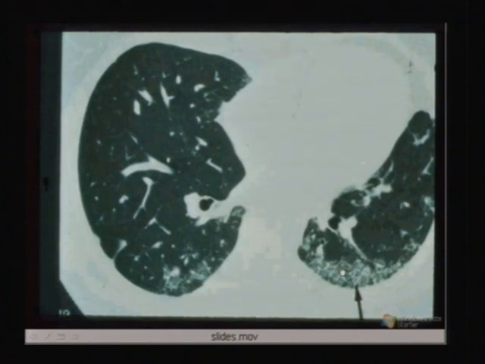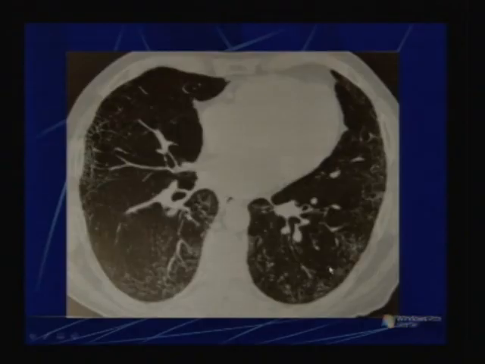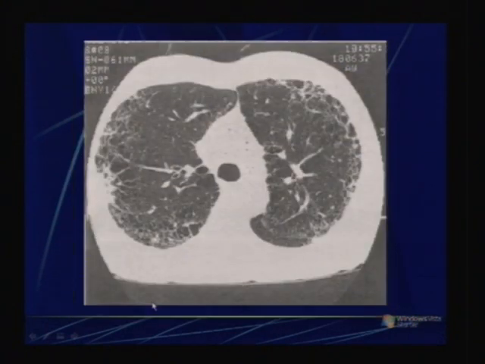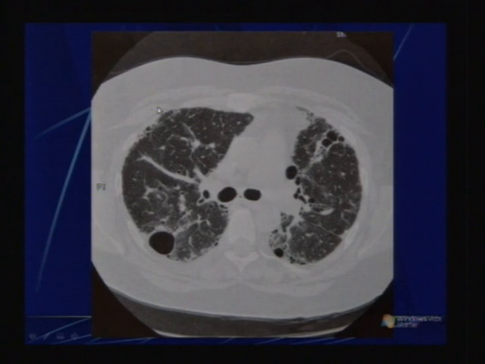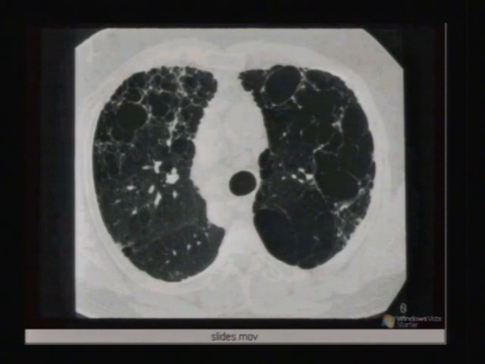This is another patient with reticular pattern. Now this is the classical reticular pattern with no ground glass opacity, indicating a severe form of interstitial fibrosis. This is an advanced interstitial fibrosis with a typical picture of honeycombing, a honeycomb lung with multiple cyst formation, indicating advanced disease.